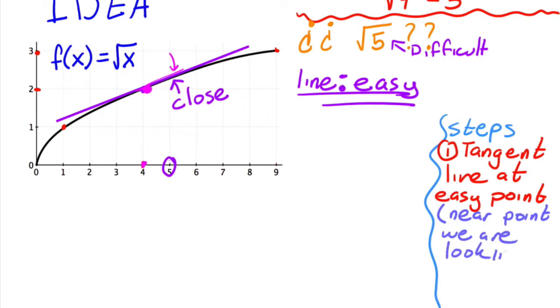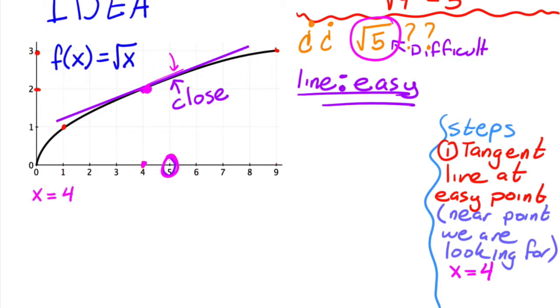In this example, that point is x equals 4. We're looking for the square root of 5 right here. We want to estimate that. So we're going to find the equation of the tangent line at our easy point, which is x equals 4.